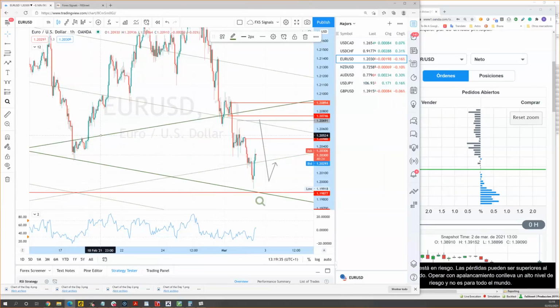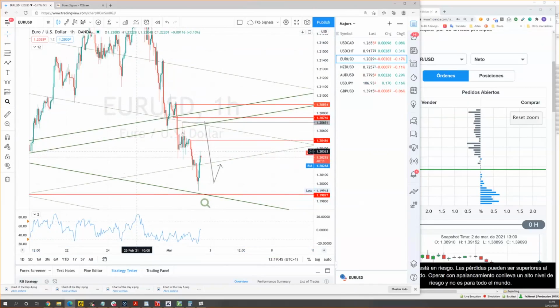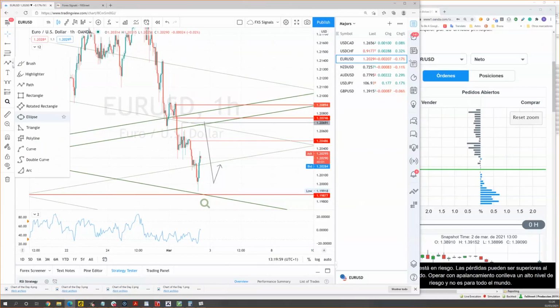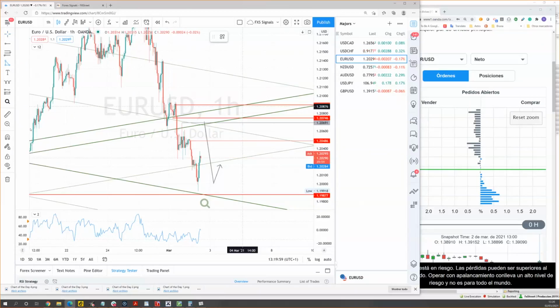So if we can use a range, a whole price range, we can just clone the line and work out an interesting area, right? So this whole area of intersection here.